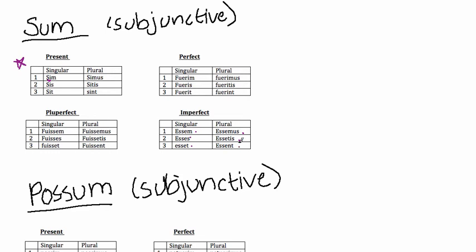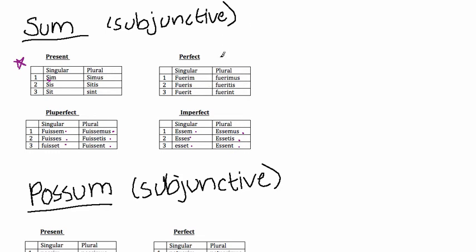Pretty easy, right? And the same goes for the pluperfect. The pluperfect is formed by taking the last letter off of your third principal part and adding the infix isse, then following it by adding the endings m, s, t, mus, tis, nt. You can see sum is no exception.